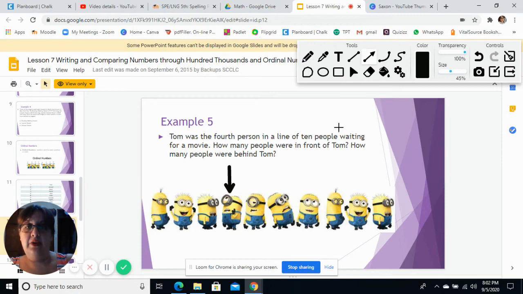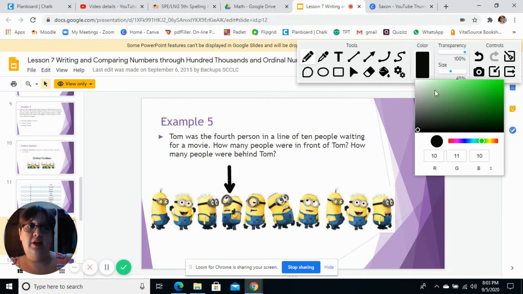And we want to know what it says right here. How many people were in front of Tom? So we can count and we can look and see how many people were in front of Tom.